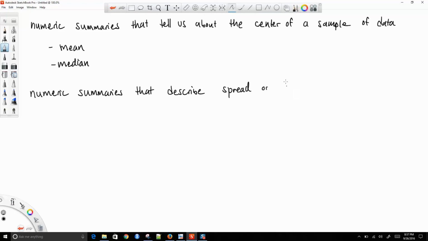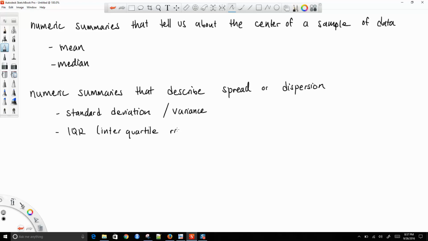These are the standard deviation, and in that same breath, the variance, and also the IQR, interquartile range.